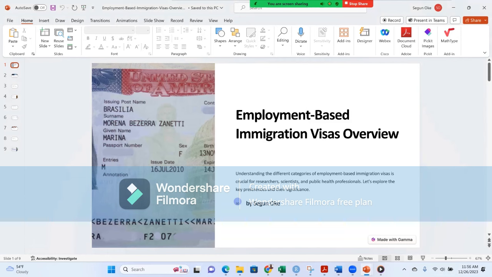So who are the people that are qualified? What we should understand is the employment-based visa is crucial for researchers, scientists, public health professionals, and so many fields.